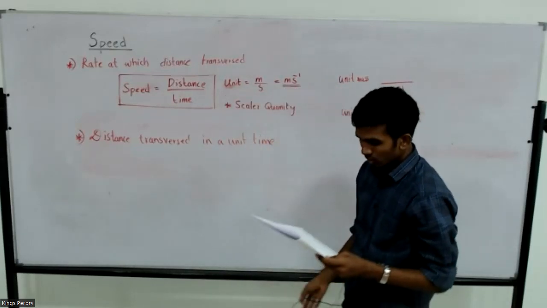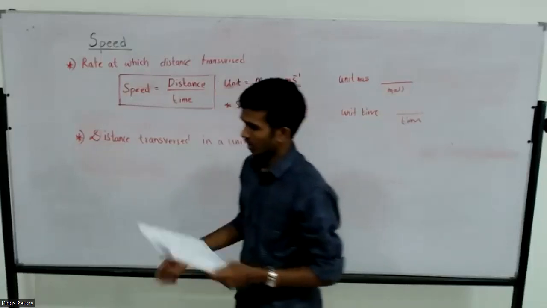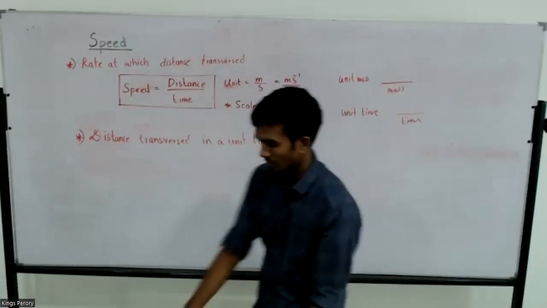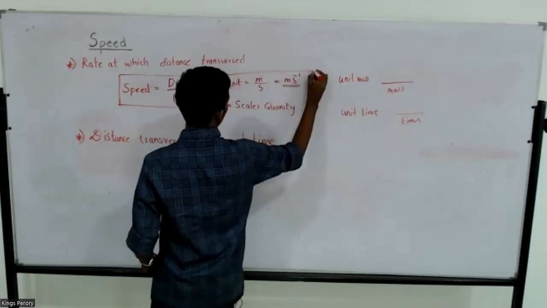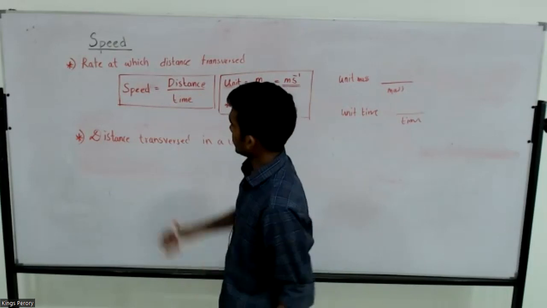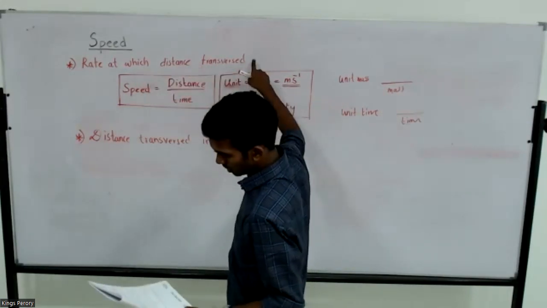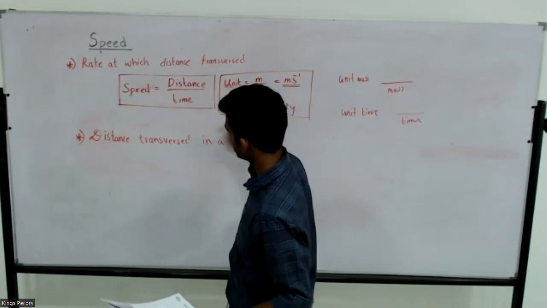Now take out your tutes. Those who don't have the tute, write down the heading speed and write all these things. Those who have the tute, first dotted line, write this definition. First box, write this. Second box, write this.